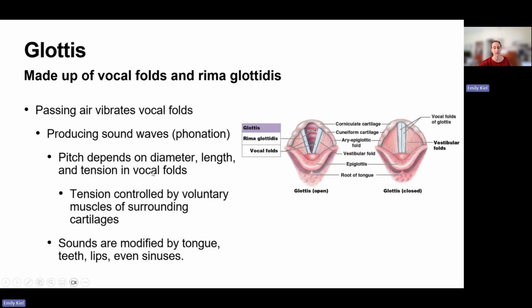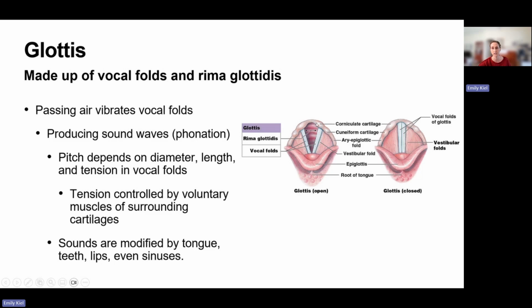The pitch is going to depend on the diameter of the glottis, the length, and the tension in those vocal folds. And there are voluntary muscles that surround the cartilages that are going to help control that tension. So here you can see several of those cartilages.